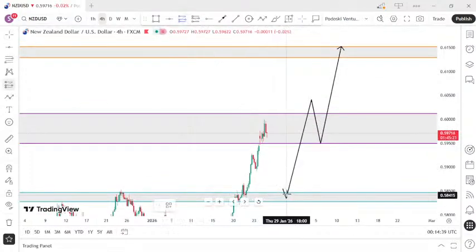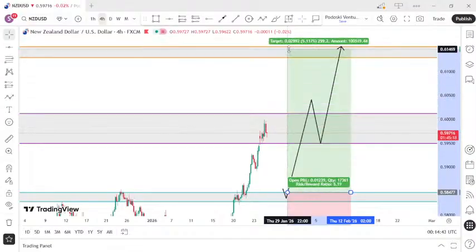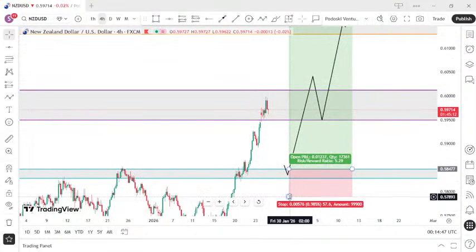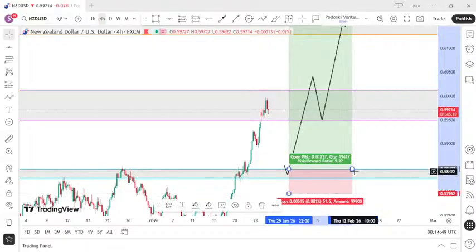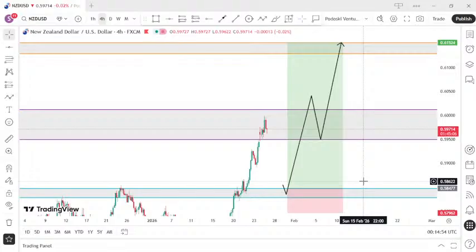This is how we are going to buy. All you have to do is wait for price to come back for a retest, and after getting the retest, then we buy all the way to the upside on NZD USD.